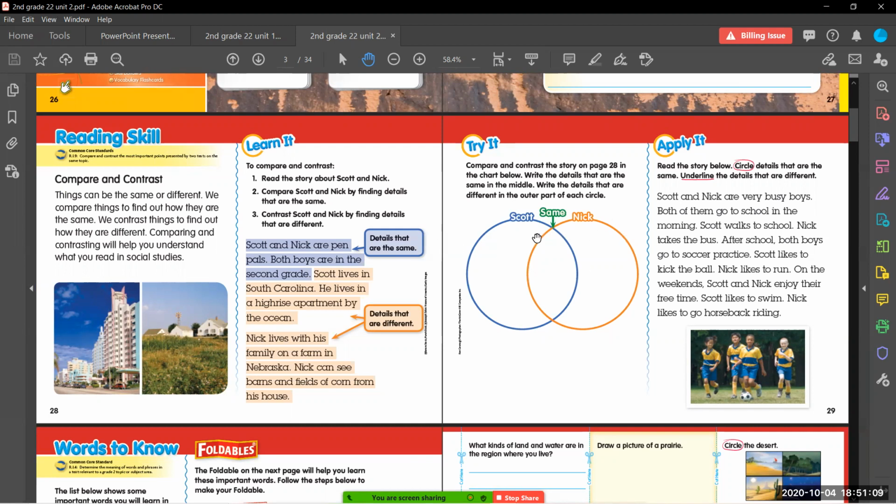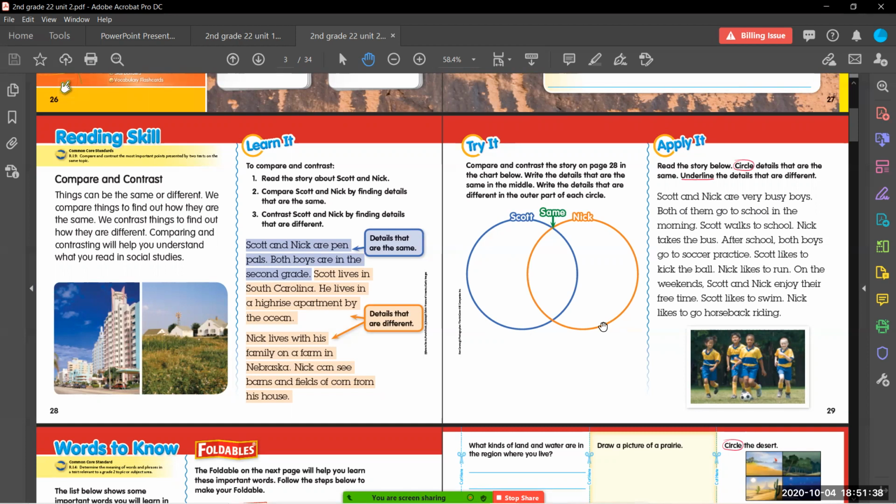So you're going to fill in this area over here to tell me the things that are just about Scott, the things that are just about Nick, and then this middle area is going to be where we put in things that are the same about both. So this is called a Venn diagram. A Venn diagram is a tool or a graphic organizer like this that we use to compare and contrast things so we can put our ideas down so that it's very easy for us to see and read and follow.